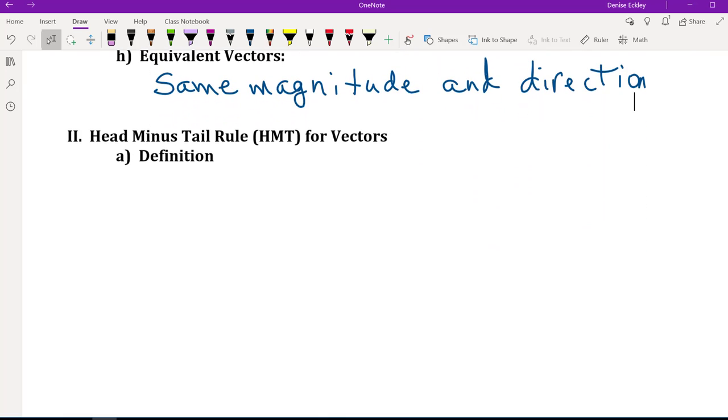Okay, so now we have something called the head minus tail rule, or the HMT rule for vectors.